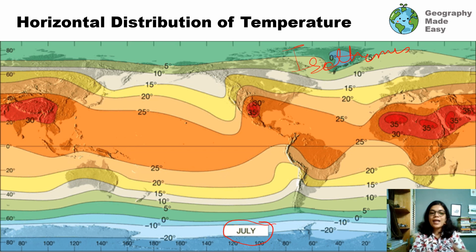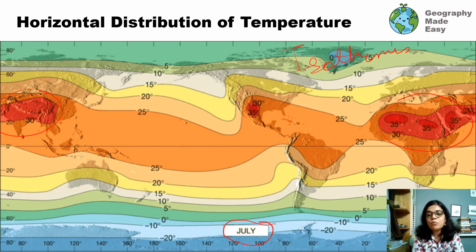So we see that near the equator, around the equator, the temperatures are very high. We have the isotherms which are higher. The oceans and the seas which are in the tropical region also have higher temperature, around 25 to 35 degrees Celsius.